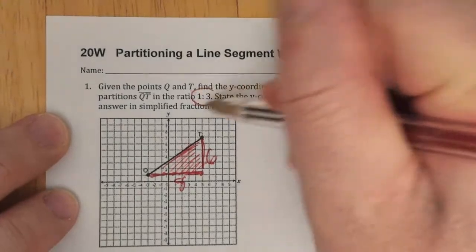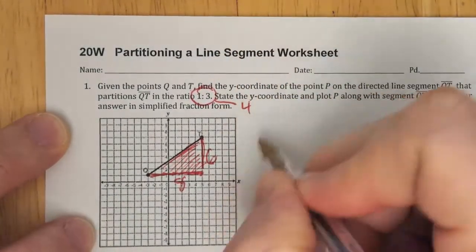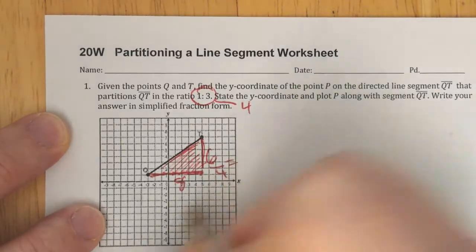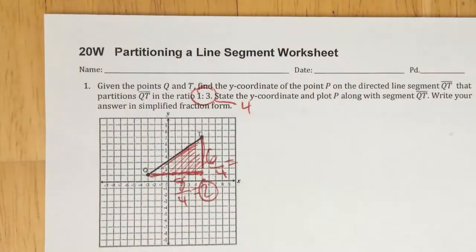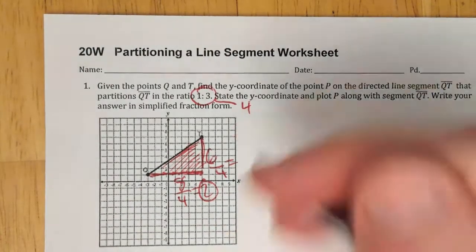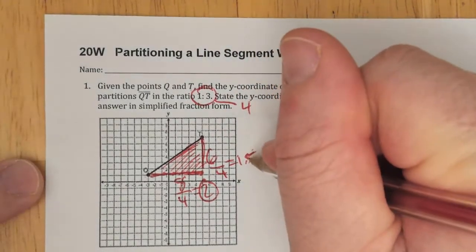Okay, and then we have a ratio of 4. So we're going to take the 6 and divide by 4 and the 8 divided by 4. We get 2, and 6 divided by 4, we get 1.5. Awesome. All right, so don't overthink it.